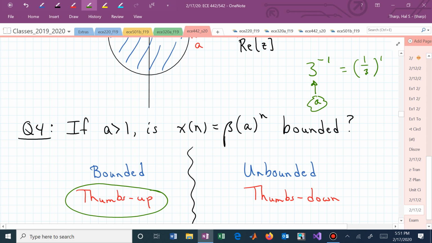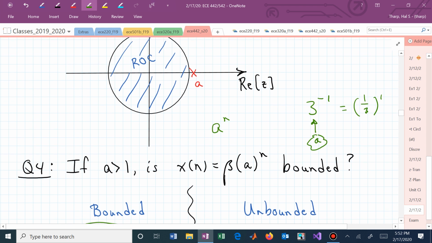You needed A to be bigger than 1 if you wanted to have a bounded time sequence for this particular region of convergence picture relative to that pole location. Because now we are looking at A to the n with n less than 0. Or we're now looking at, well, I just picked 3 before.